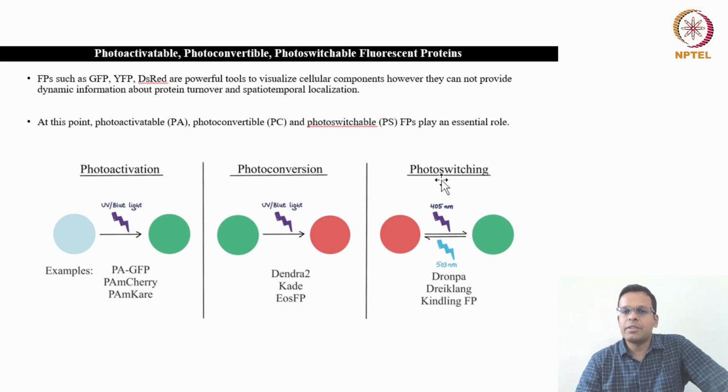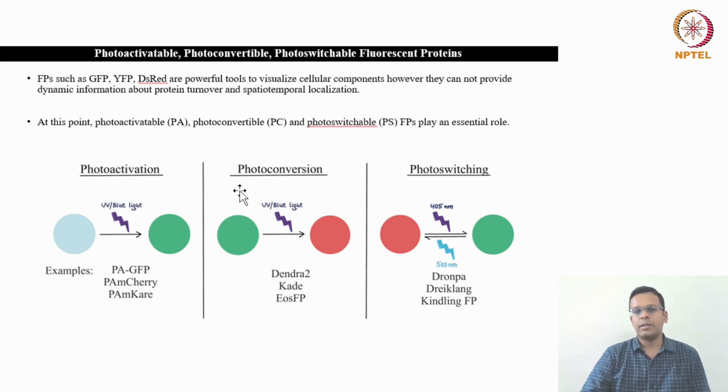These are the names of photoswitchable fluorescent proteins. Then Dendra2, KAEDE, EOS fluorescent proteins are the types of photoconvertible fluorescent proteins. And PA-GFP, PA-mCherry, PA-mCFP, they are photoactivatable fluorescent proteins. So let us see how these three different versions of fluorescent proteins are useful for studying protein dynamics.